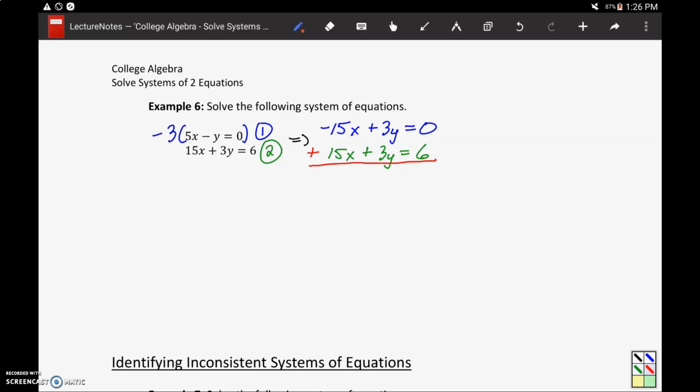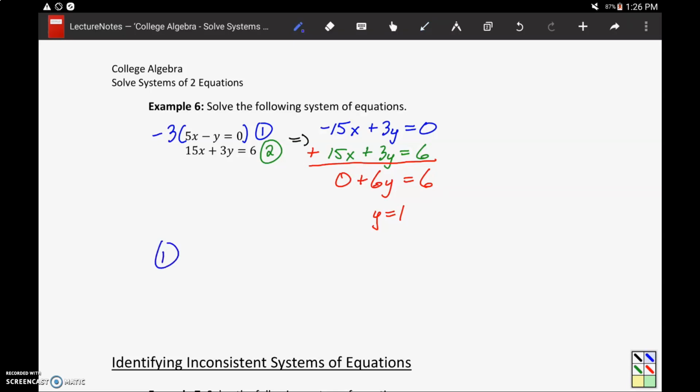So now when we add these two equations together, -15 and 15 will go to 0, so our x terms cancel out. So we'll get plus 6y is equal to 6, or y is equal to 1. So we use the same process, but this time we chose to cancel out those x terms. So initially we start off by solving for y.